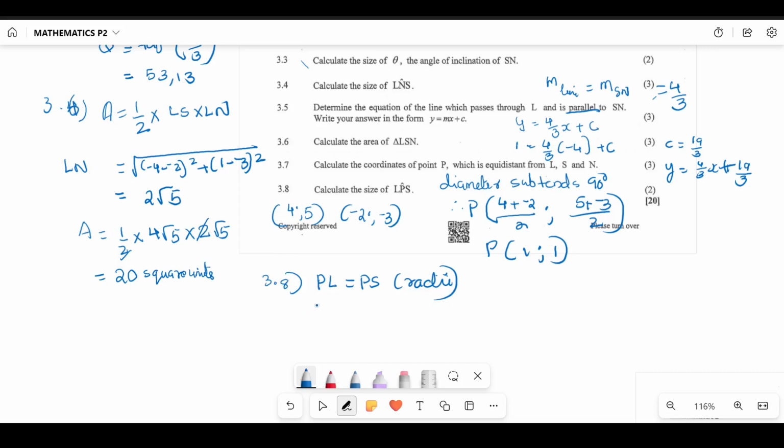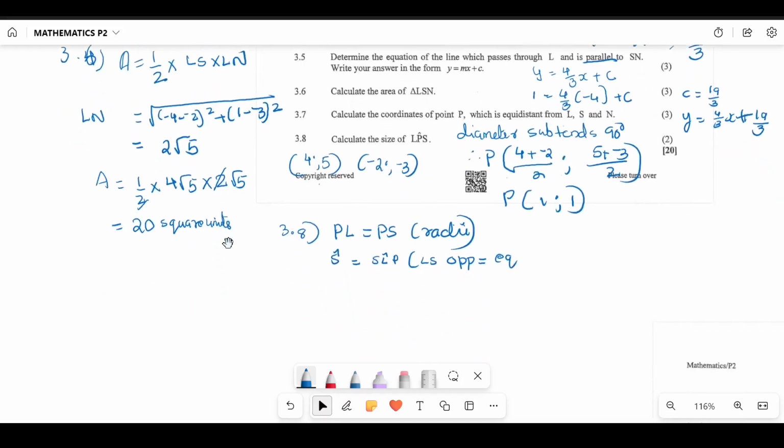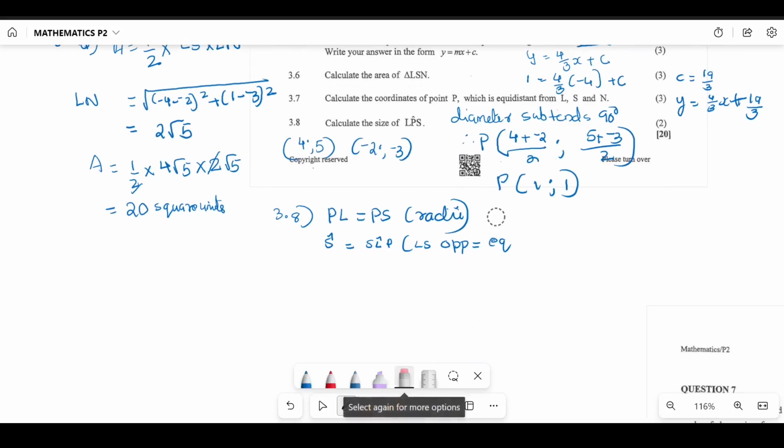So angle S equals angle SLP, angles opposite equal sides, and we also found it, which is equal to 26,56.